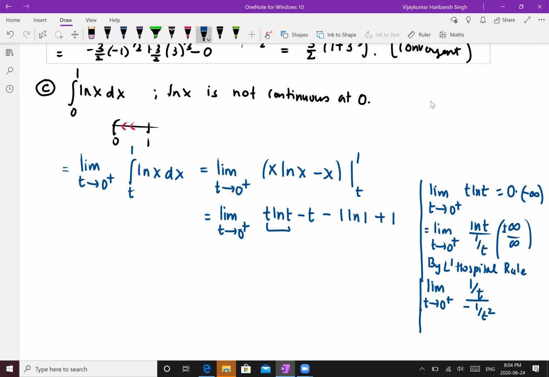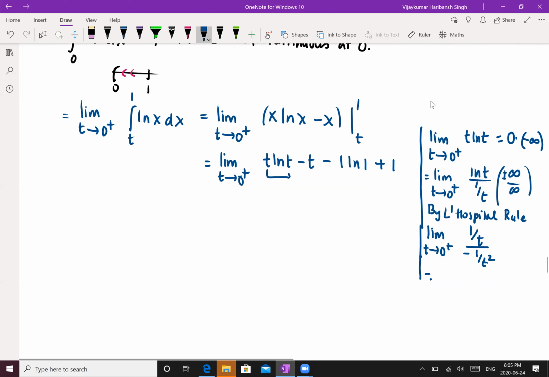With a little bit of rearrangement, you can see that this is going to be the limit as t goes to 0 plus of minus t, and that is 0. So therefore, this limit is 0. The other one is also 0, minus ln 1, which is also 0.